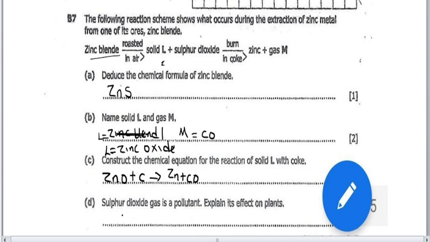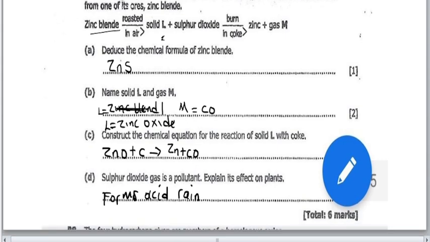So it forms acid rain, and the acid rain is the one that is going to destroy the crops and slow down the growth of plants. So that's basically what happens.